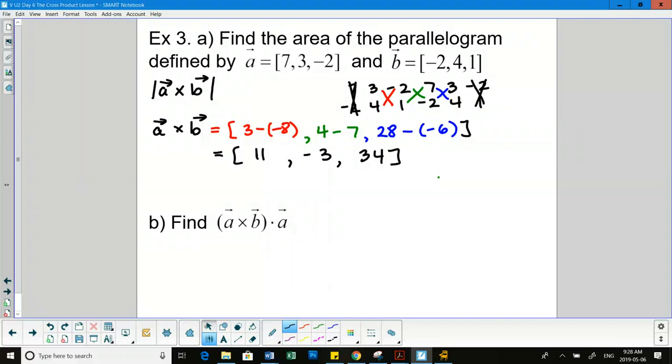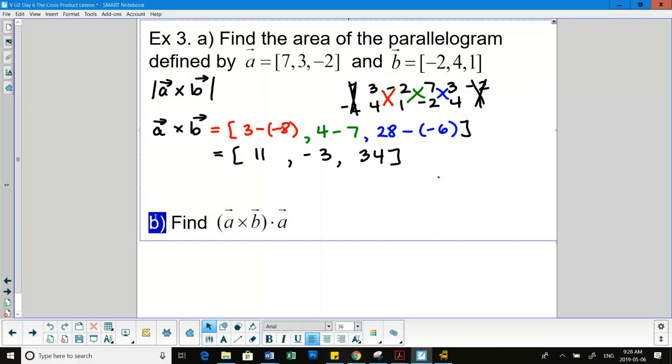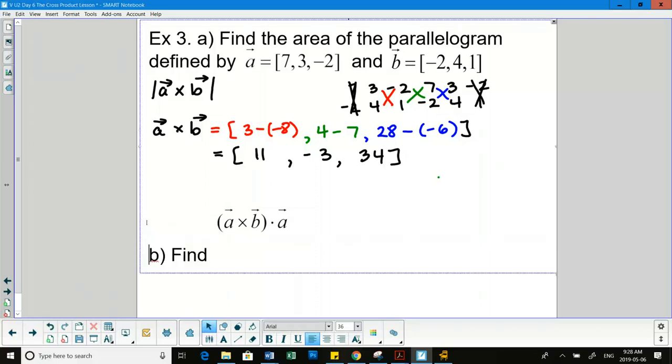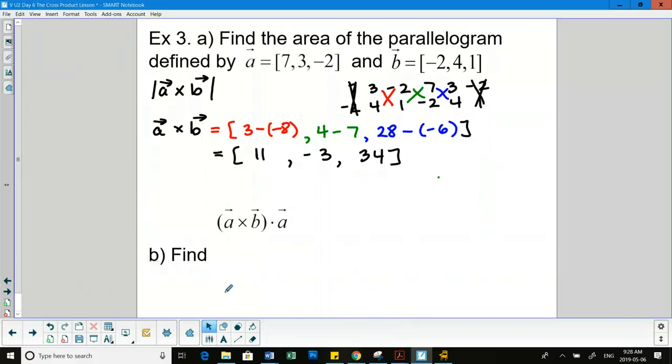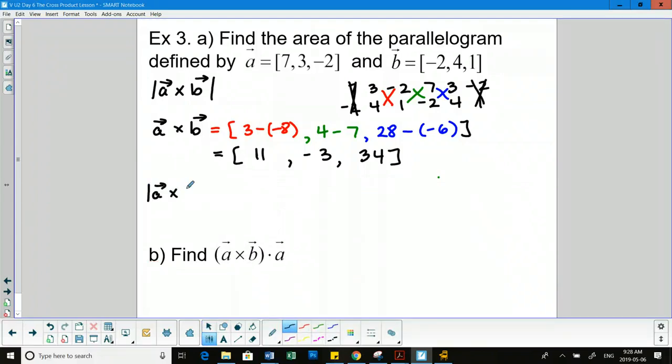How do I find the magnitude of this? You do the square root, and do each component squared and added. Okay, careful with your negatives here, guys.